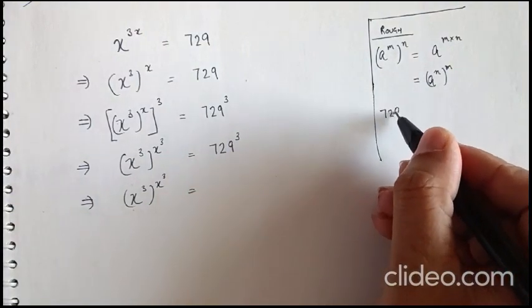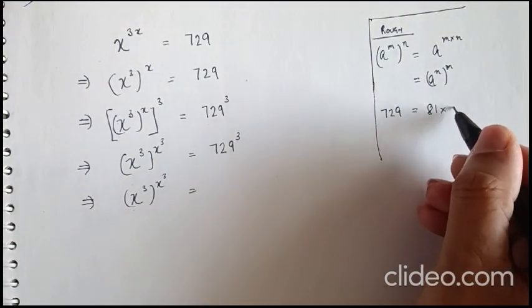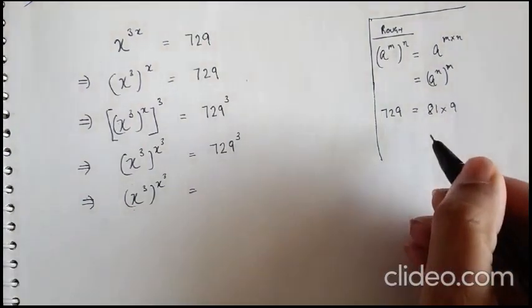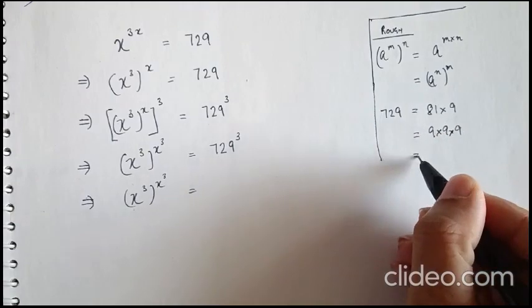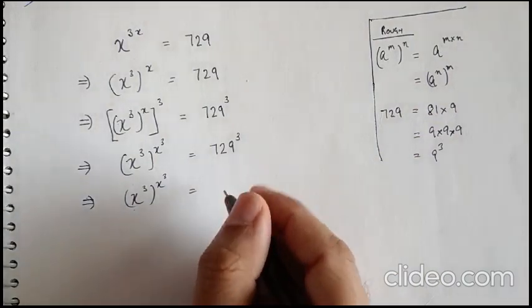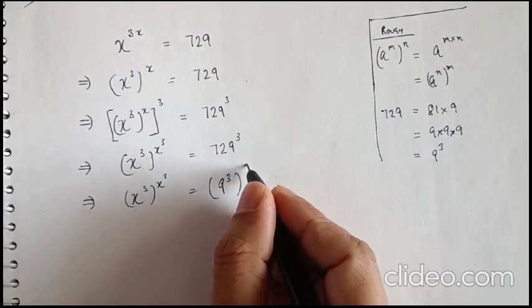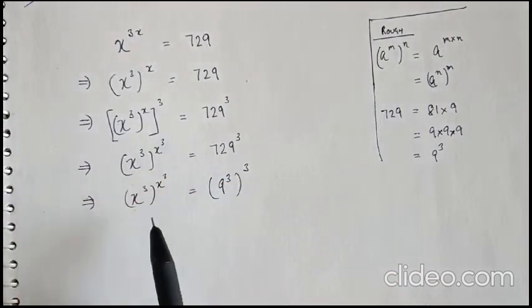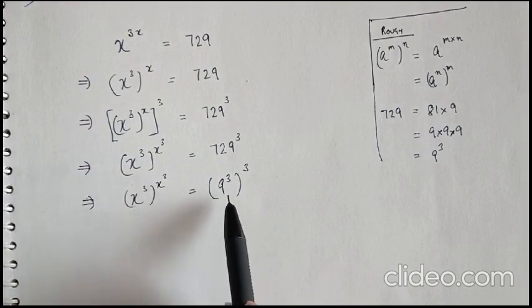So 729 can be written as 81 into 9, right? Which is equal to 9 into 9 into 9, which is nothing but 9 cube. So 729 is nothing but 9 cube, and we have a whole cube here.